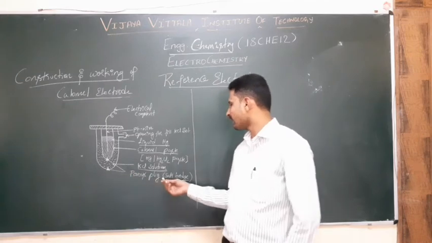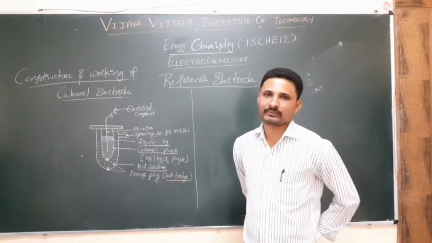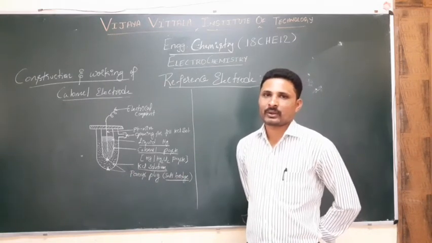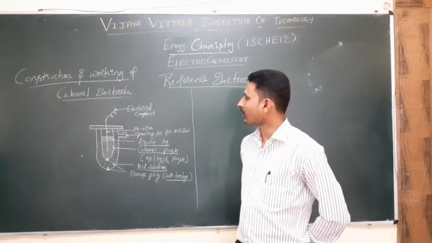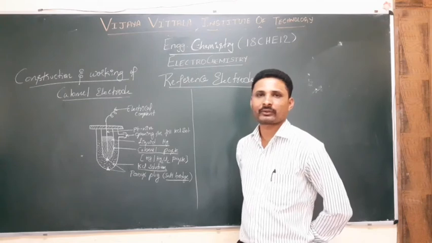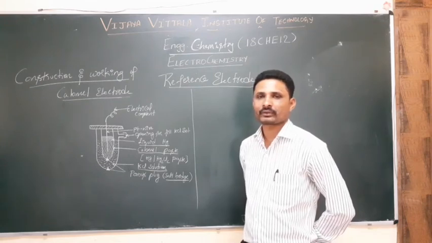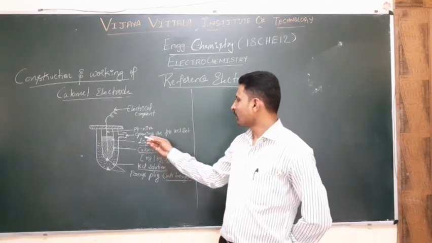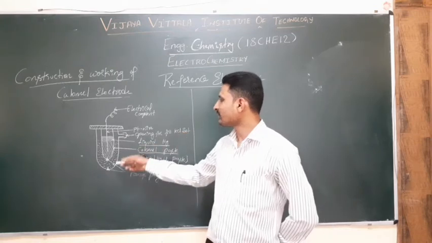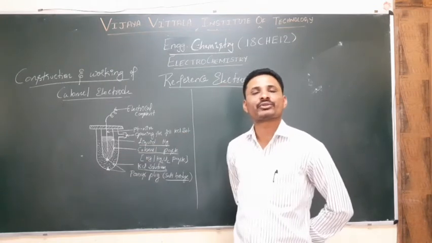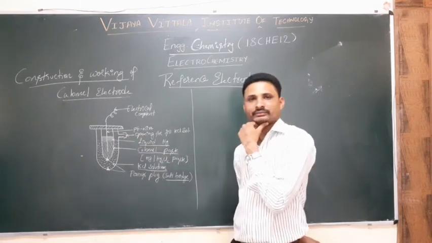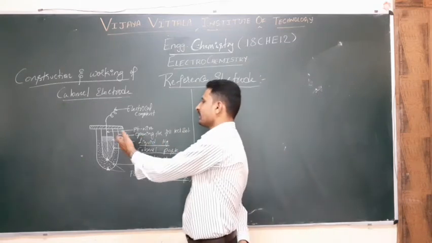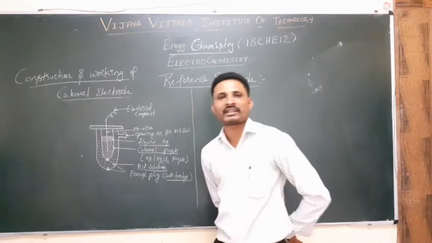So that acts as a salt bridge. This is how the construction of the Calomel electrode is made. See, observe, there is an opening for KCl solution. We can change the concentration of KCl solution from this inlet.